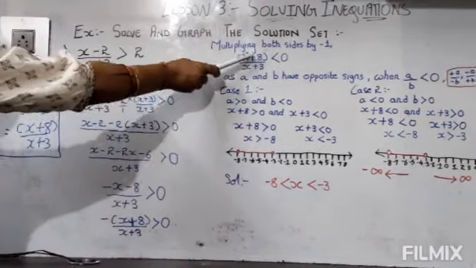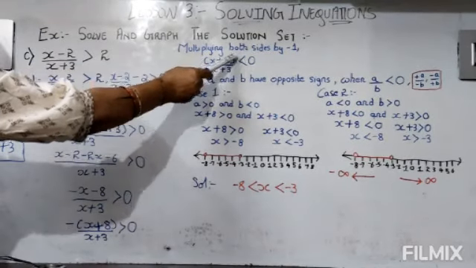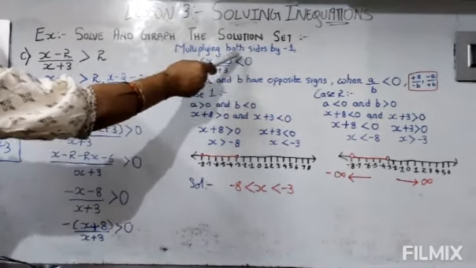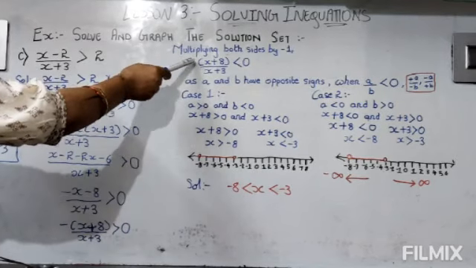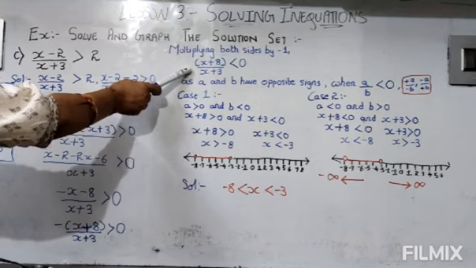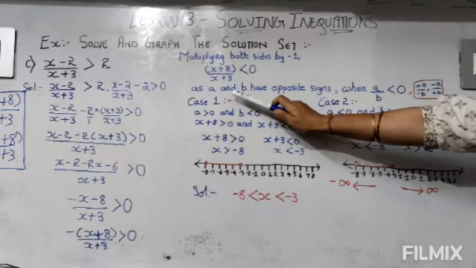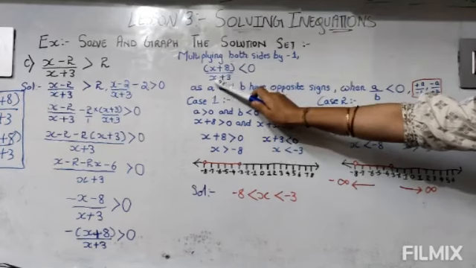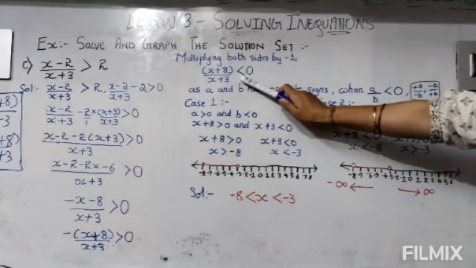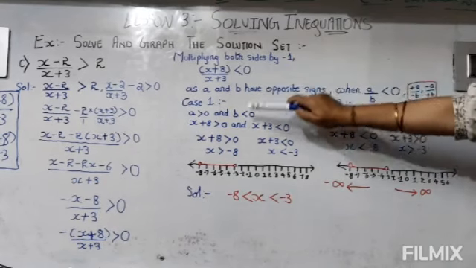Look here, x plus 8 by x plus 3 is less than 0. If you multiply by minus 1 to make this positive, the sign changes. Understood? So x plus 8 by x plus 3 is less than 0. The sign is changed here.